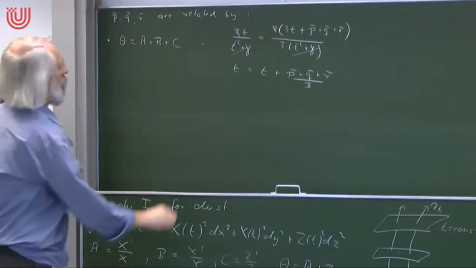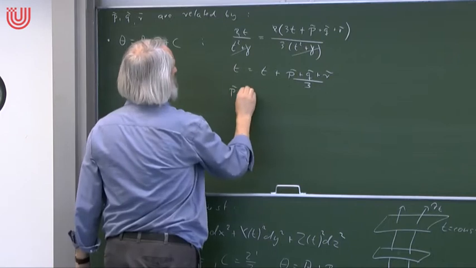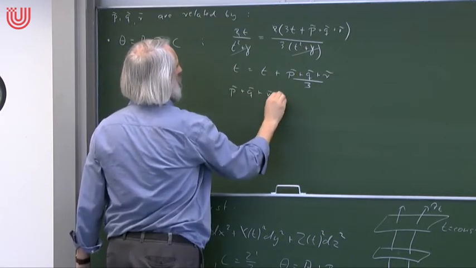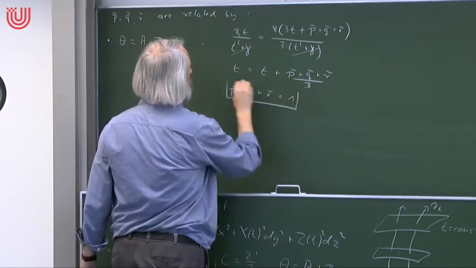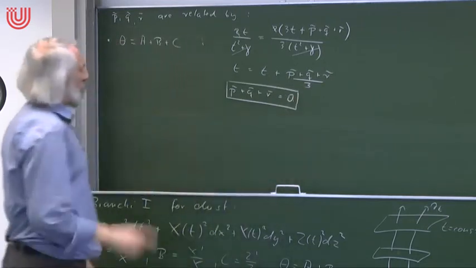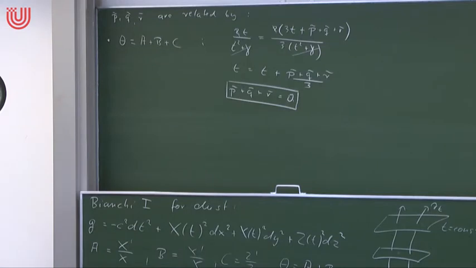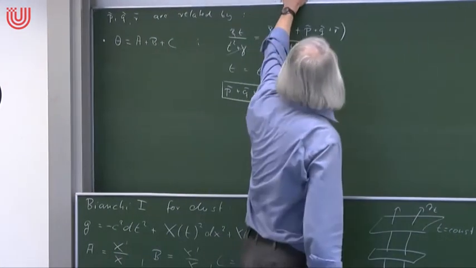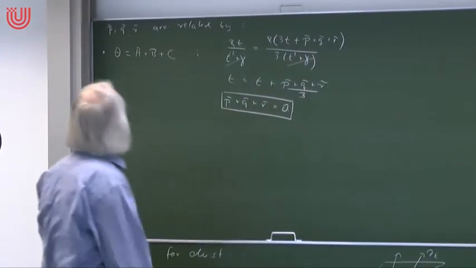And this means P tilde plus Q tilde plus R tilde is 1. It's 0, sorry, it's 0. It was 1 in the Kästner case, but now it's 0. So it's not the Kästner relation for the twiddled quantities. This is the first relation.